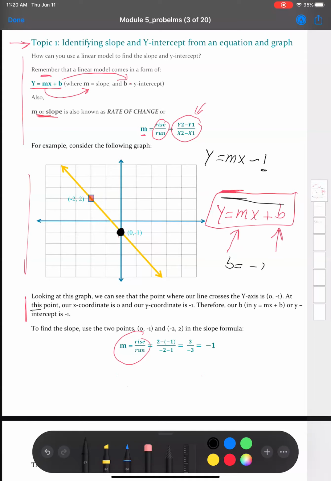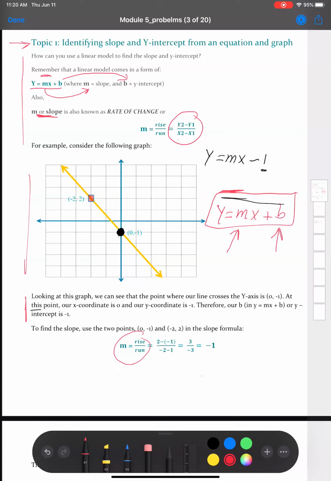So we're going to calculate our slope using that formula, y2 minus y1 divided by x2 minus x1. So let's look at this right here.